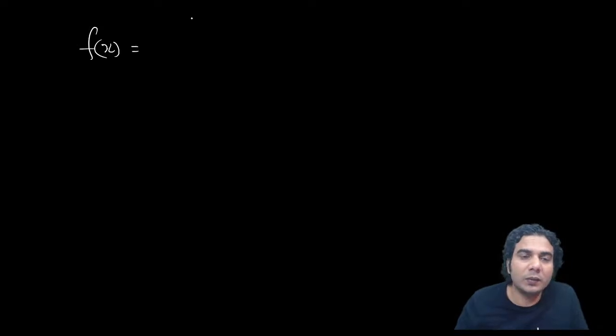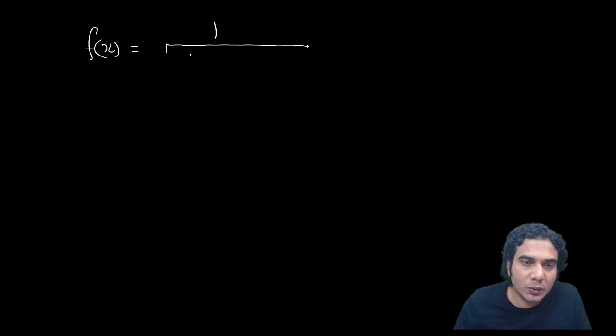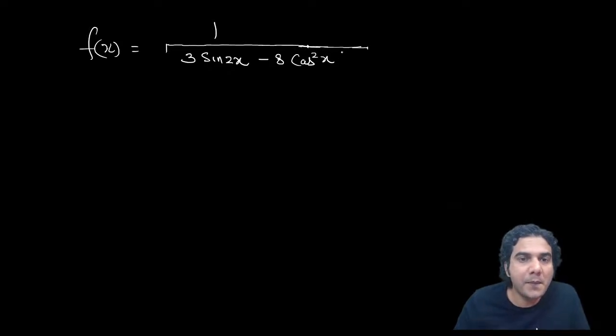Say f(x) is equal to 1 upon 3 sin 2x minus 8 cos square x plus 7.